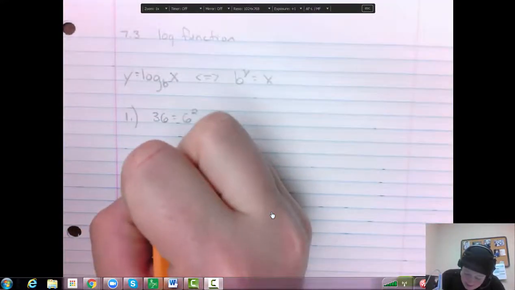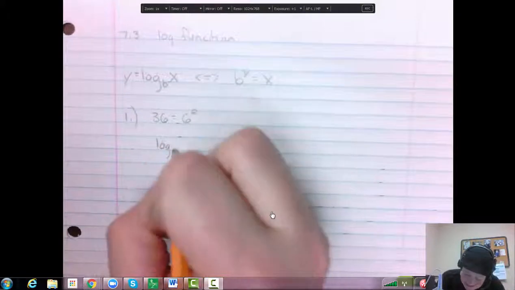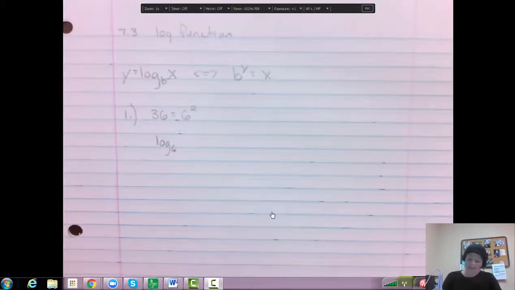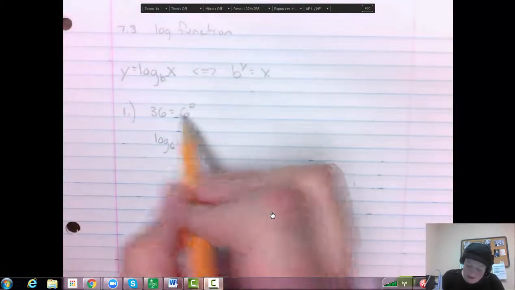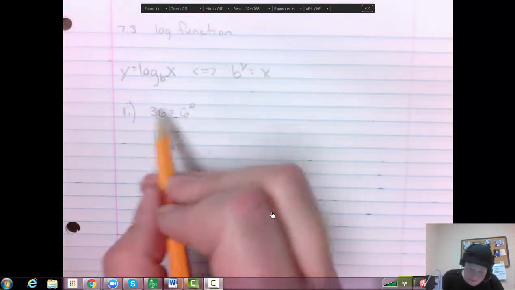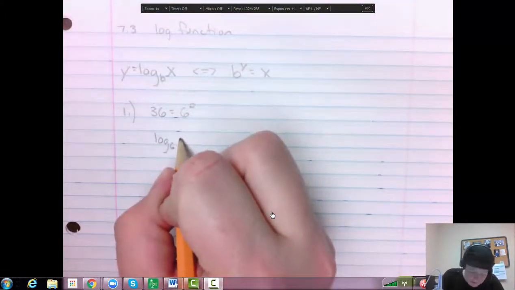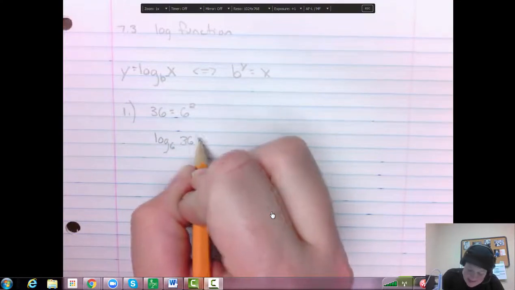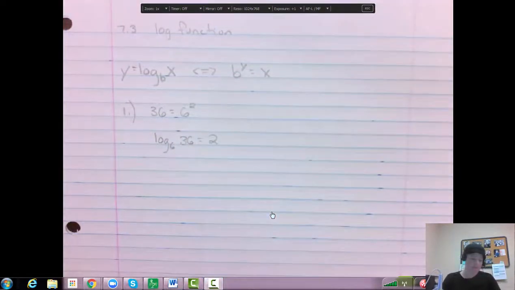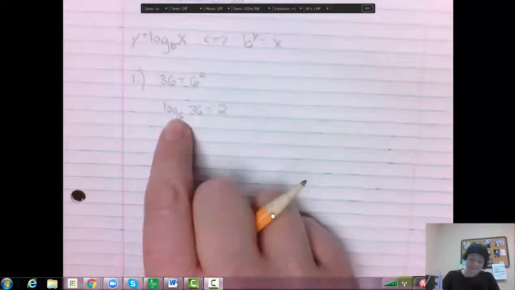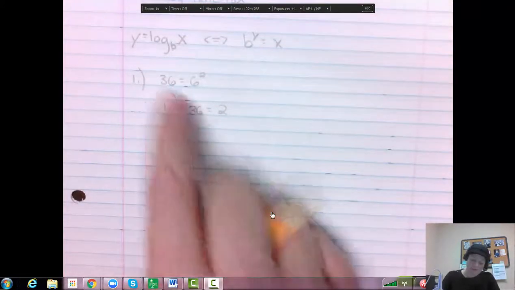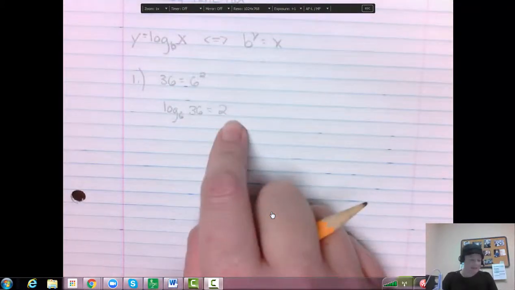So we're going to have log base 6. Then whatever it's equal to by itself goes right next to the log, so that's our 36, and it equals the power. That's how you switch between the two. Again, the base stays the base, whatever you're equal to goes here, and the exponent goes here.